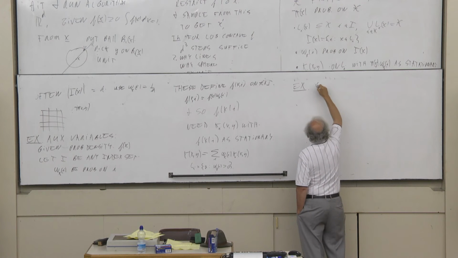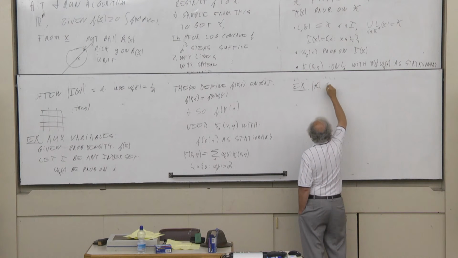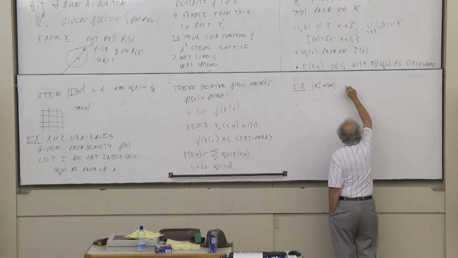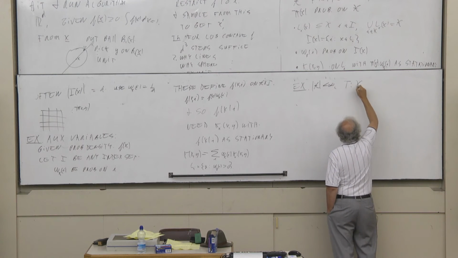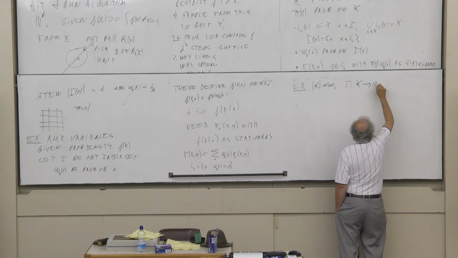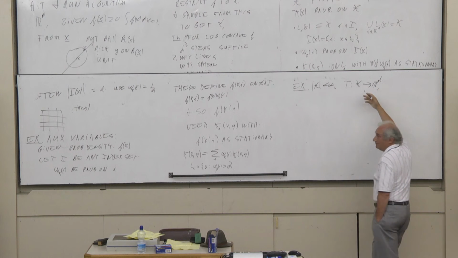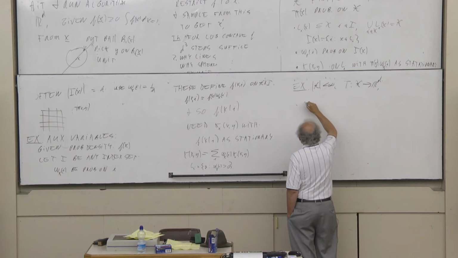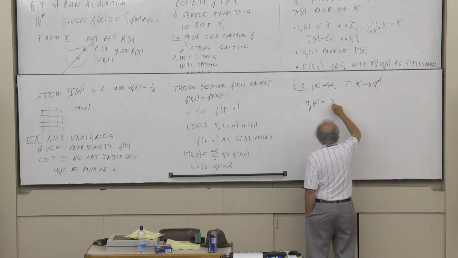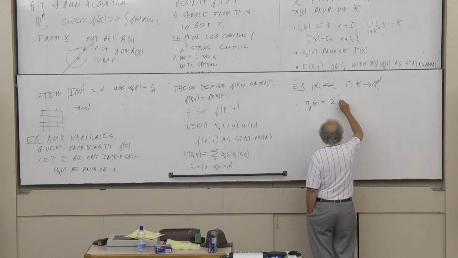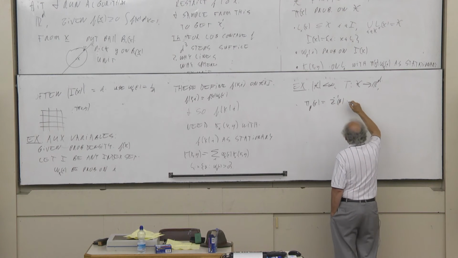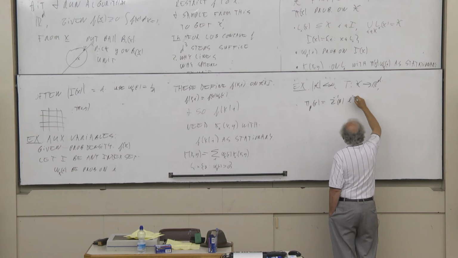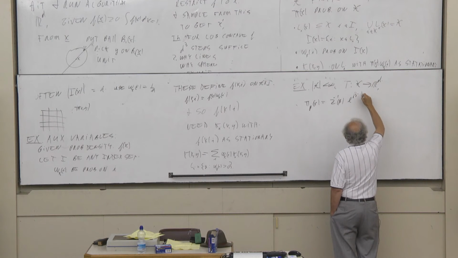Take X to be a finite set, like permutations, and let T from X into R to the D be any old function, and define a probability, I'll call it pi sub beta of x, as a normalizing constant, z inverse of beta, which we usually never know, times e to the beta dot t of x.